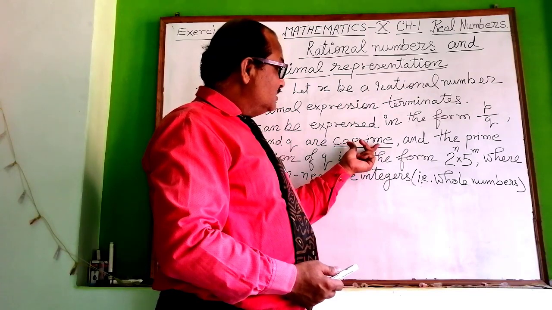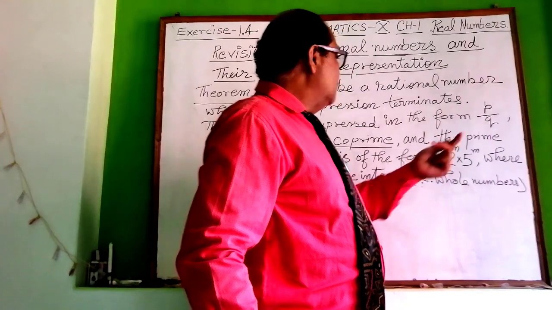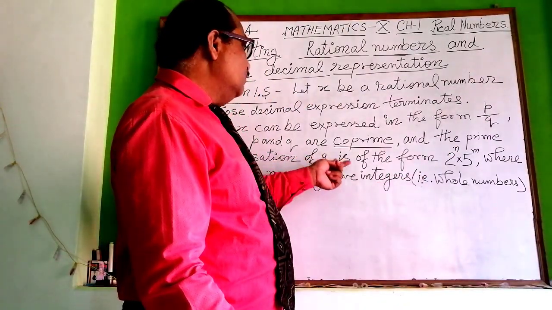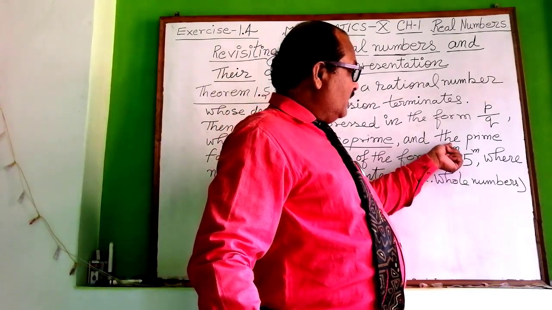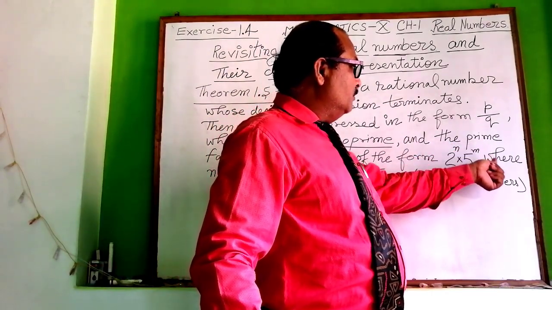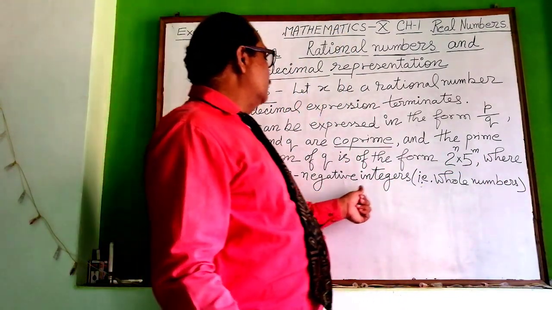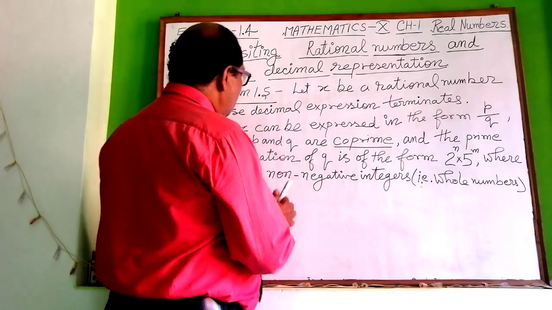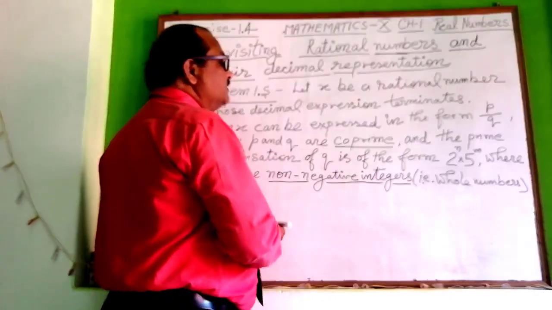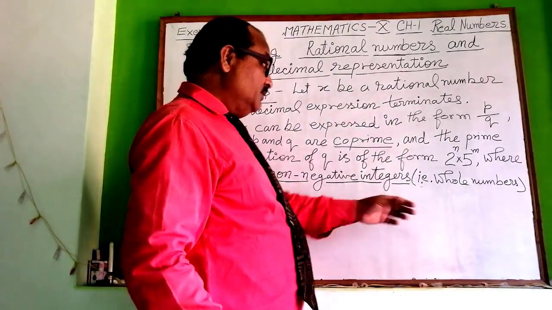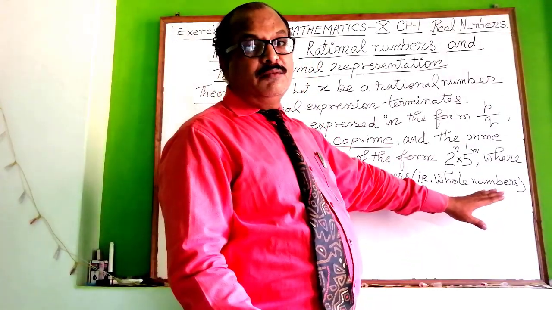I want to focus on this word co-prime, and the prime factorization of Q is of the form 2 raised to the power n into 5 raised to the power m, where n, m are non-negative integers. The meaning of non-negative integer means positive integers as well as 0. So in one word we can write whole numbers. N and m both are whole numbers.